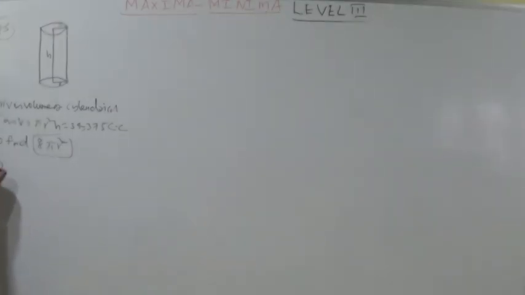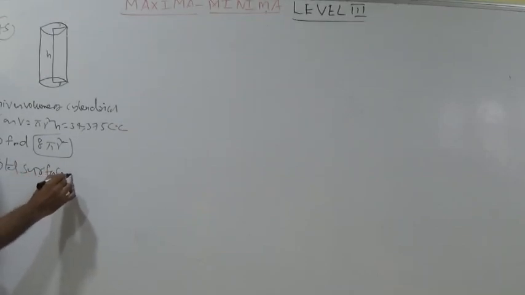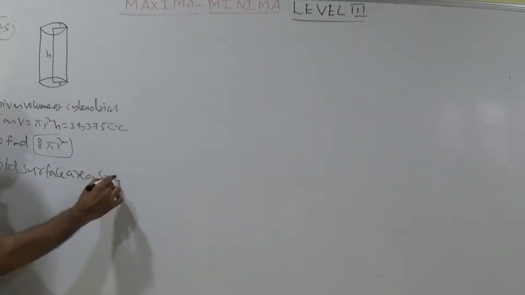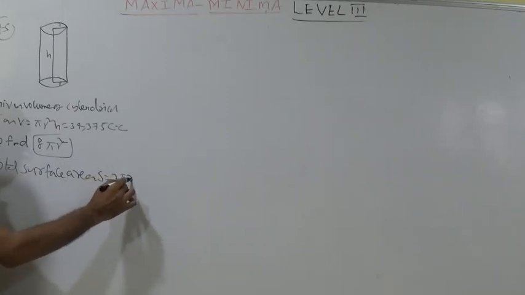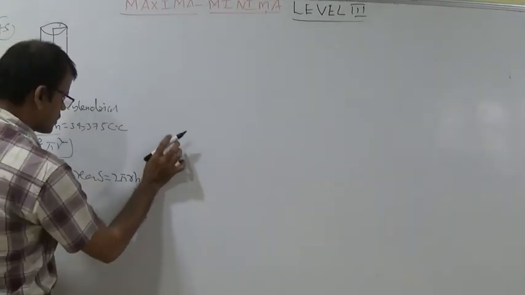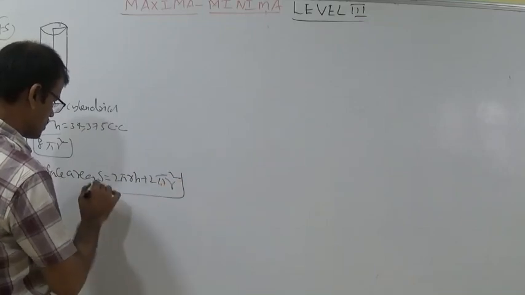Total surface area S. Yesterday we said that total surface area S is equal to 2 pi r h plus 2 pi r square.